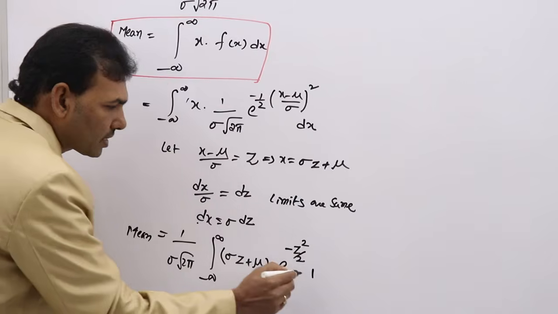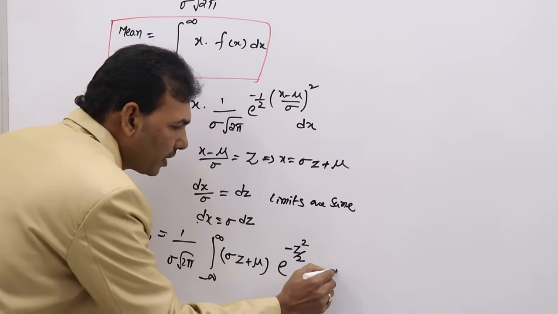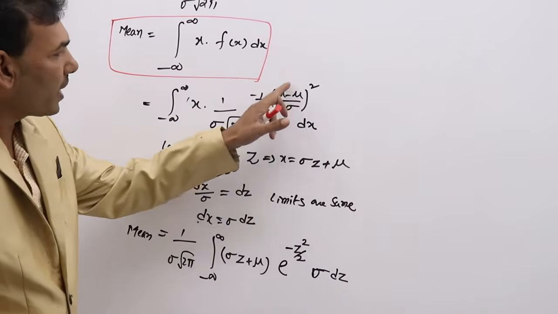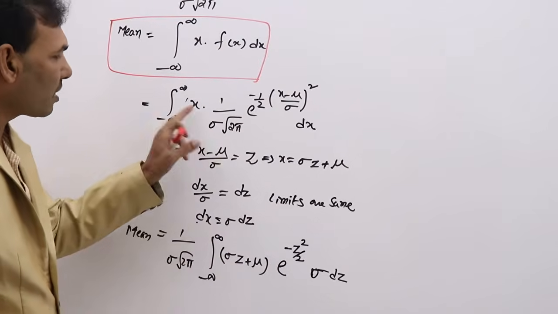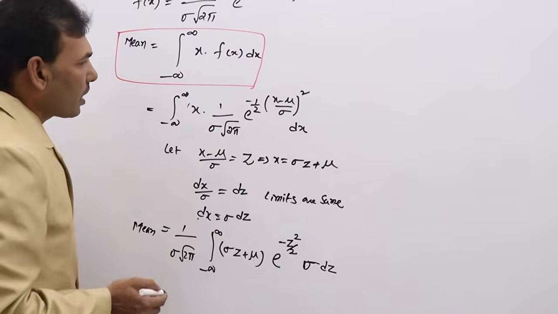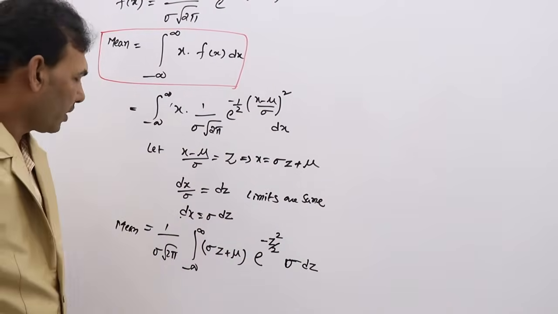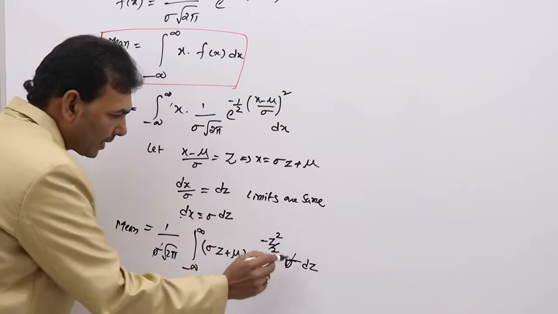What is dx? dx is sigma dz. In the place of x minus mu by sigma, z; in the place of x, sigma z plus mu; in the place of dx, sigma dz. Now this sigma gets cancelled.